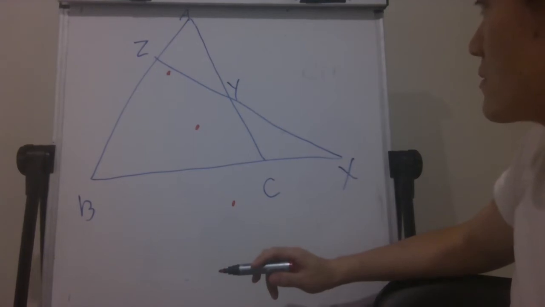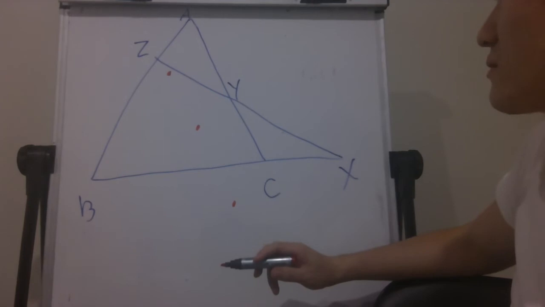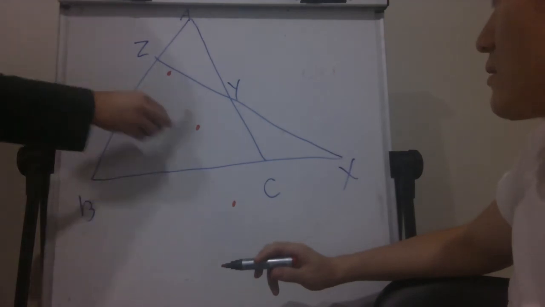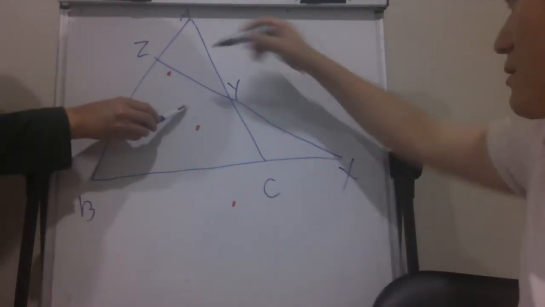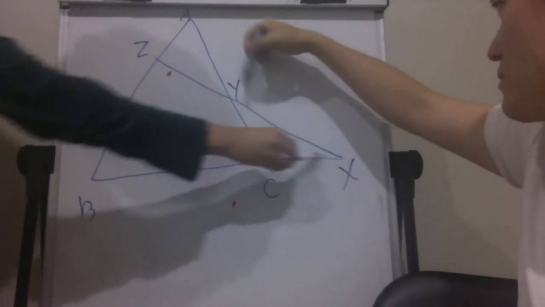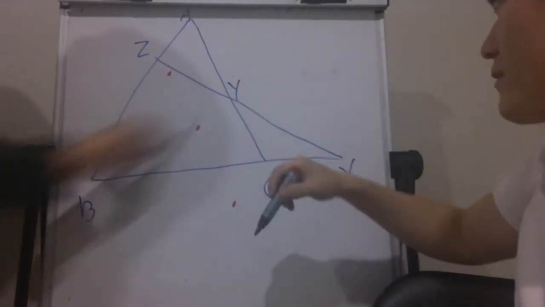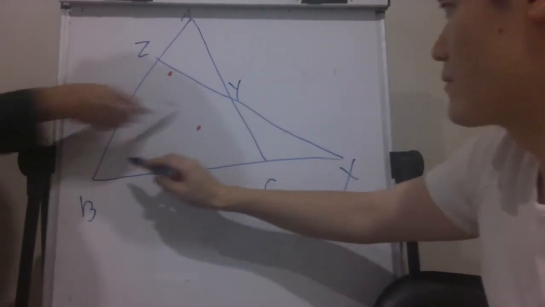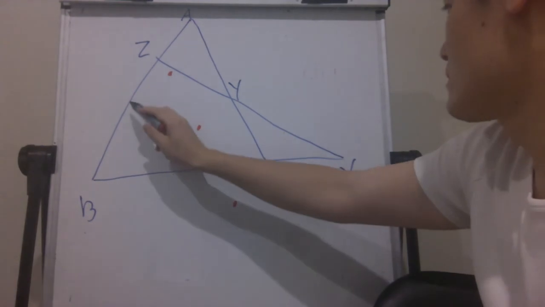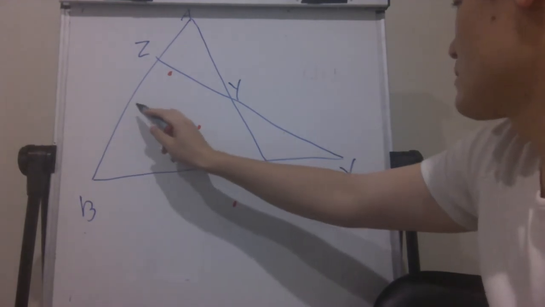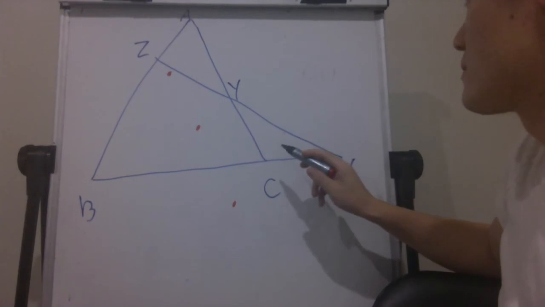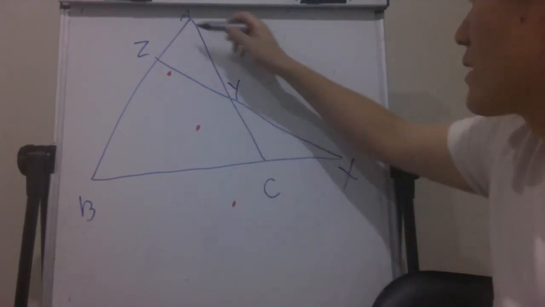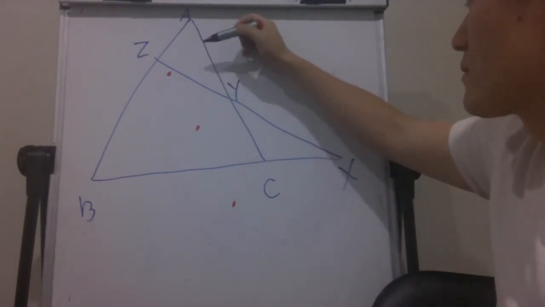Where's the other orthocenter? What triangles have I done even? You have to do XCB, ABC, BCX. I think you missed ACX. Oh yeah, this one. Top one is AZY, X is all the way on the right.